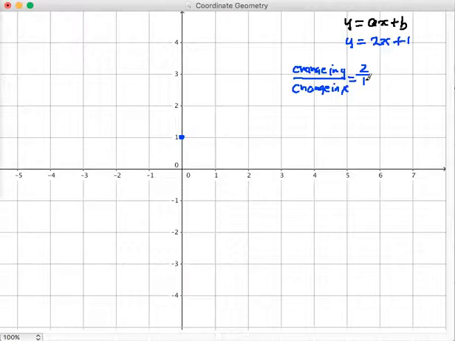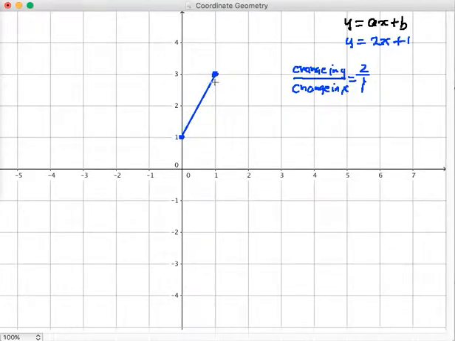Ibig sabihin, pag 1 yung change in x natin, positive 1 means to the right, and then yung change in y natin ay 2. Ito yung point na yon. Therefore, itong dalawang points na ito ay nasa line.